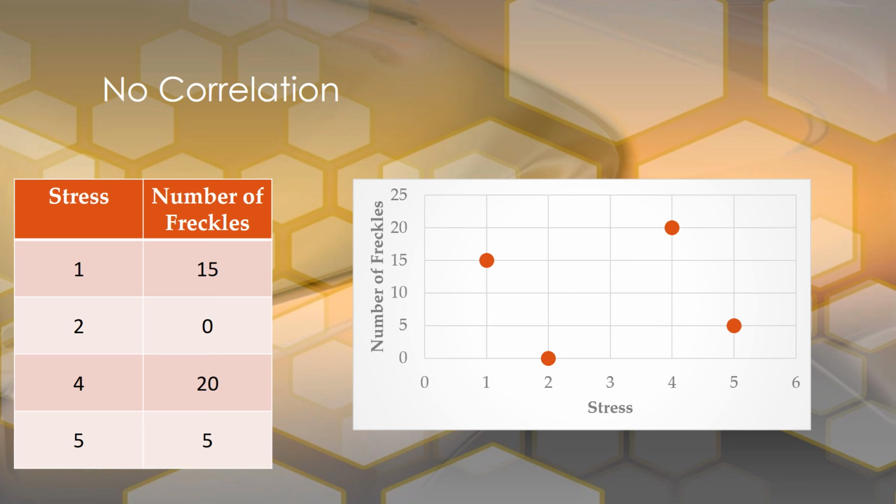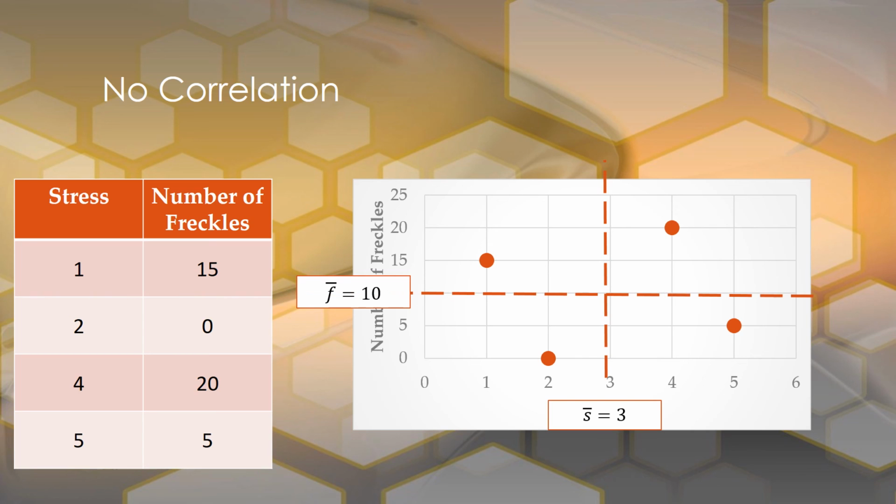Okay, on this side we have a scatter plot of no correlation, or zero correlation. The dots are just random. And if you put lines here like we did before, with an average stress level of 3 and an average number of freckles of 10, we can see we have dots in each of the quadrants.